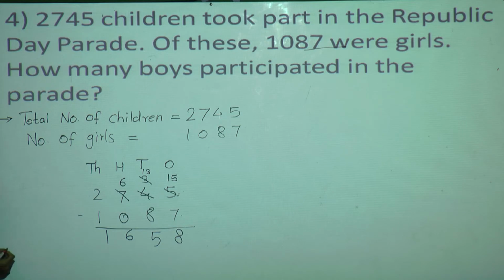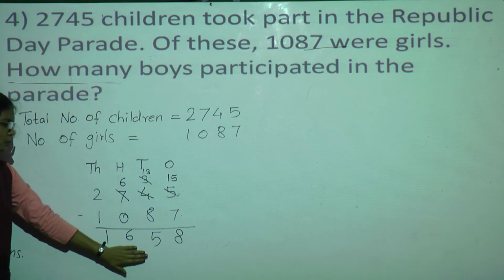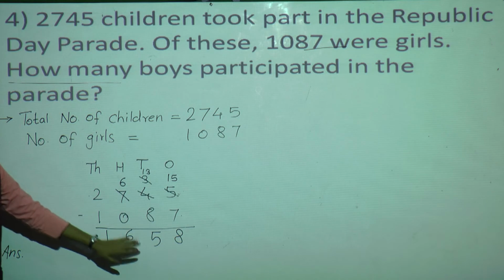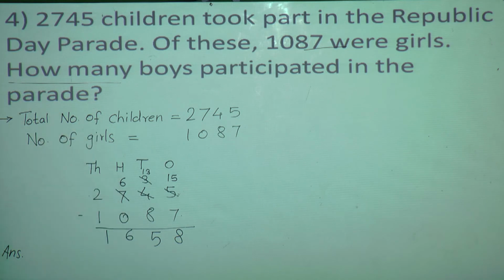How will you write then? See the question. What is the question? How many boys participated in the parade? See, how many? This word only we have to remove, and instead of these two words, what we have to do? We have to put the answer. This number we have to put. Then we will get the answer. Okay.